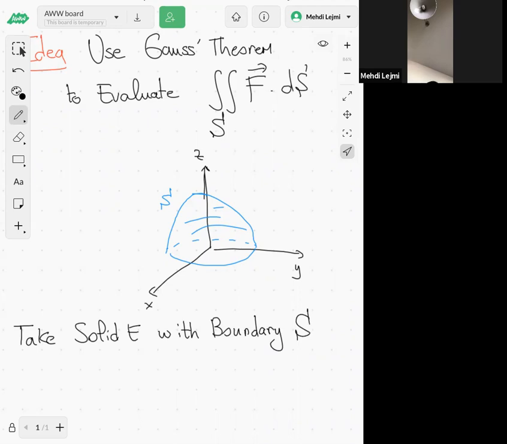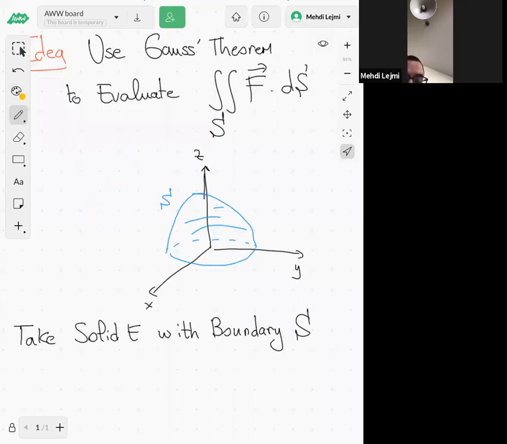Okay, but we need to be careful here, guys, because in Gauss theorem the boundary of the solid E is a closed surface, right? In this case, this surface S, which is a graph of this function f, is not a closed surface, because we need to include the bottom here.